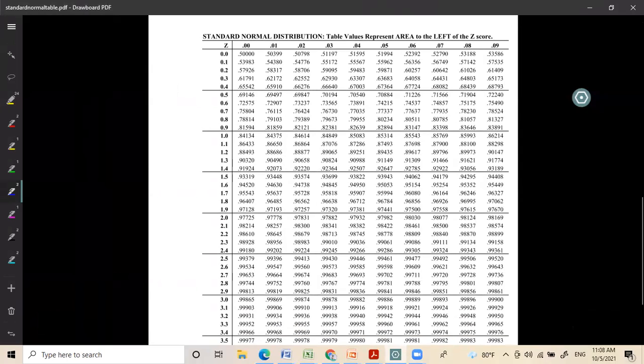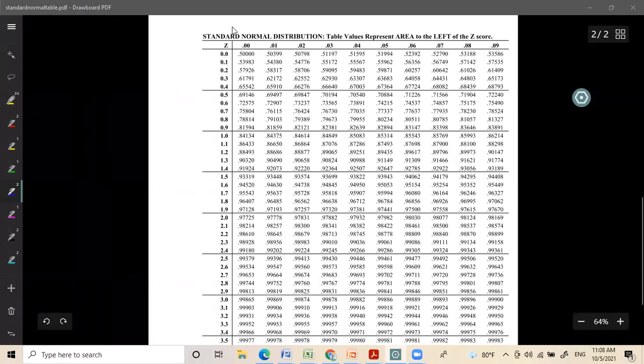Can you see the z table? Can you see my shared screen?